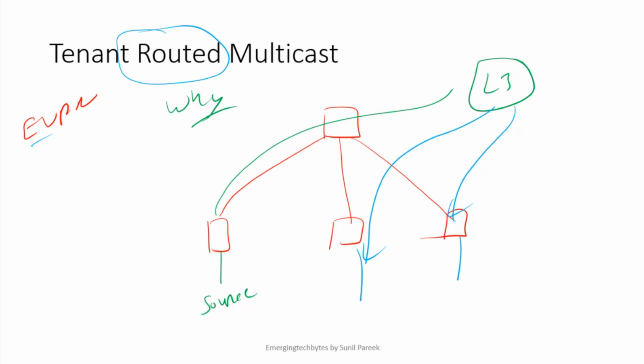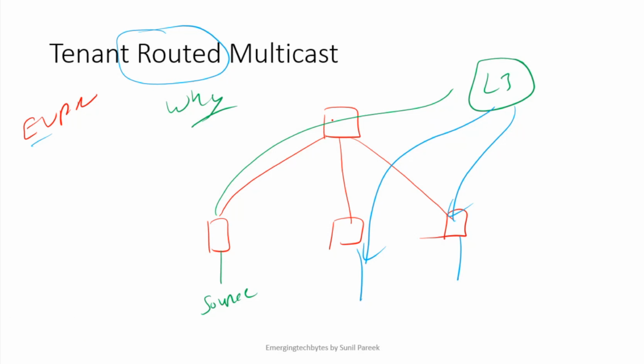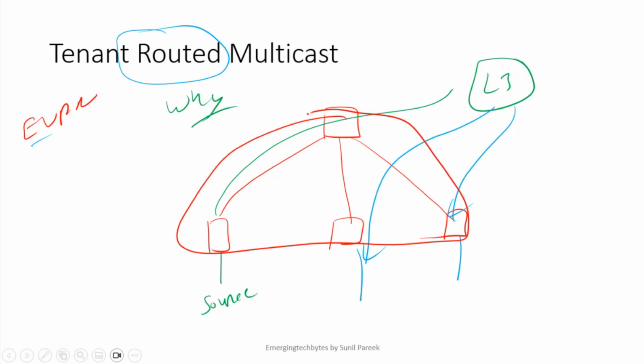In the first place, I need to send the traffic out, get it routed, and come back in. Can't I route it within this fabric itself? Within this DC fabric? And the answer to that is yes. And how you basically do that is your tenant routed multicast.